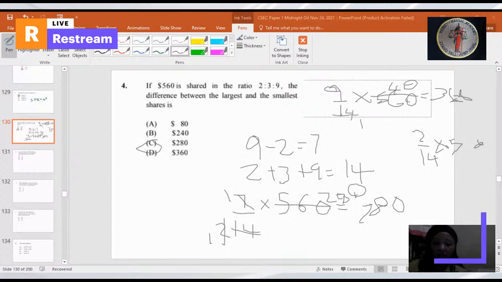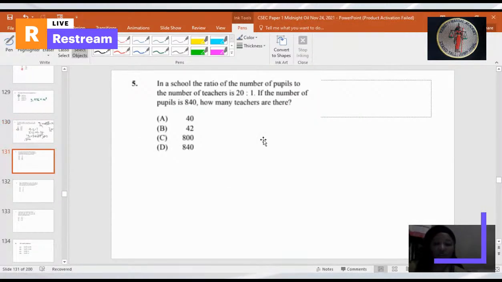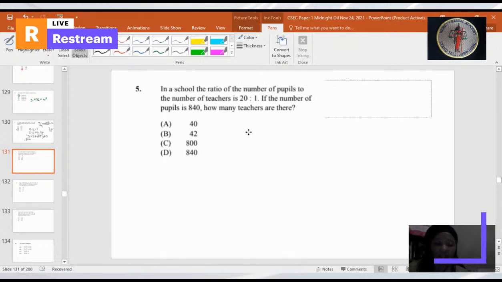Number 5. In a school, the ratio of the number of pupils to the number of teachers is 20 to 1. So 20 pupils to 1 teacher. If the number of pupils is 840, how many teachers are there?